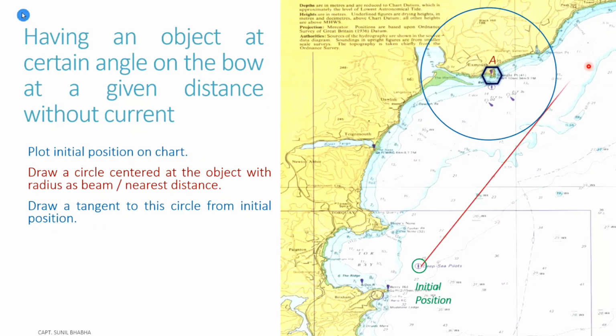Let's plot it. So you can see this line from my initial position, tangent to the beam distance or nearest distance circle. Now this line which we see on our chart now is our course to steer. This is the course to steer.